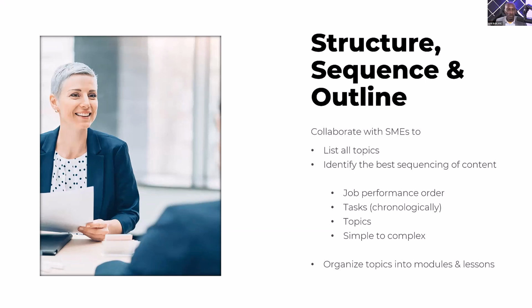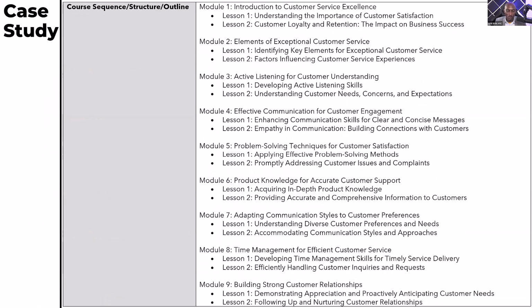And then, of course, once you've done that, you want to organize the topics into modules and lessons, right? So this is where expert knowledge comes in. Your SMEs will help you to figure out, okay, what are the modules going to be like? What are the lessons going to be like? And so on and so forth, okay? Let's quickly jump back to company ABC. So let's say we've done the work with our SMEs to figure out the modules and the lessons that we find are important.